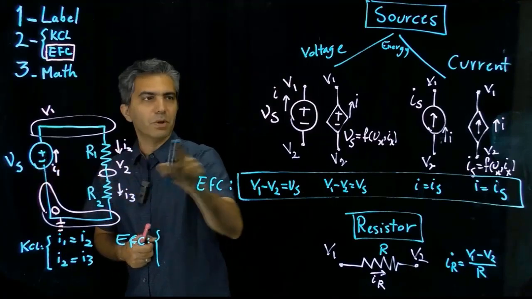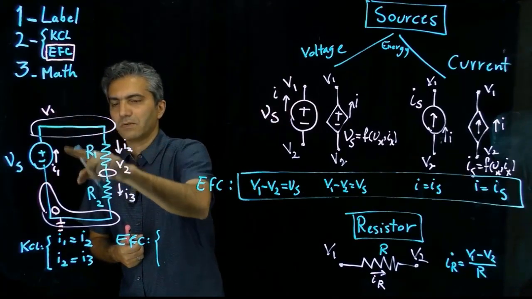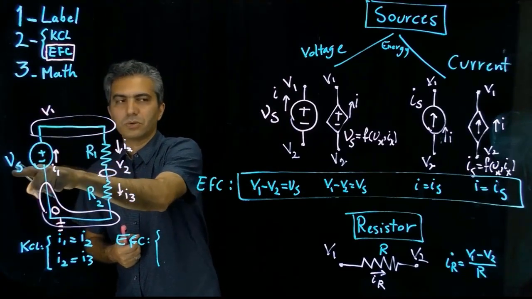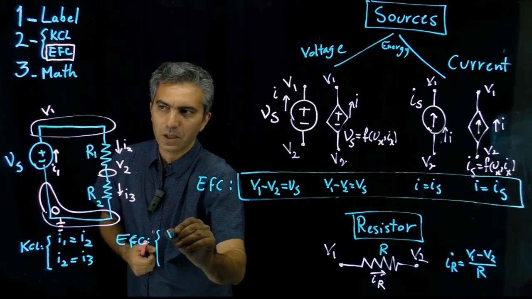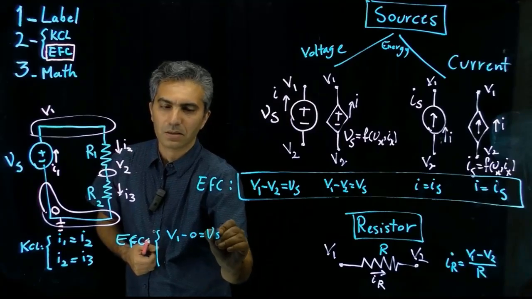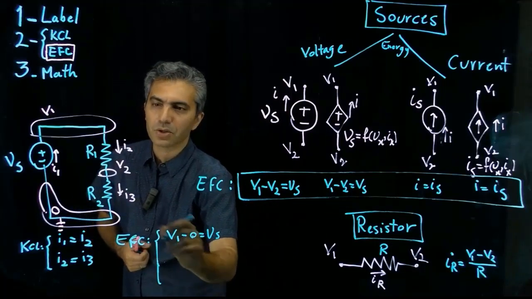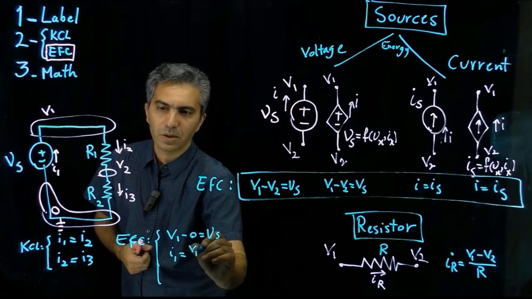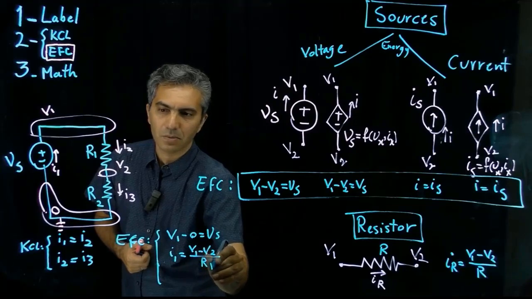The equation for this component, as we can see, necessitates that the potential from the positive terminal minus the potential for the negative terminal be equal to the voltage of that source. So V1 minus 0 is Vs. For this one, R1, the equation is I1 is equal to V1 minus V2 divided by R1.